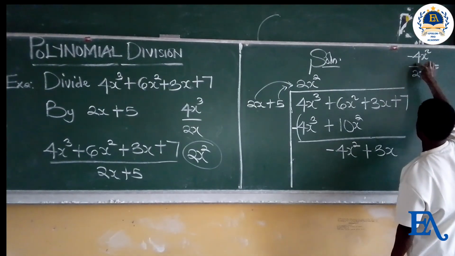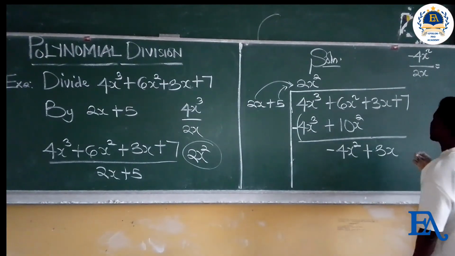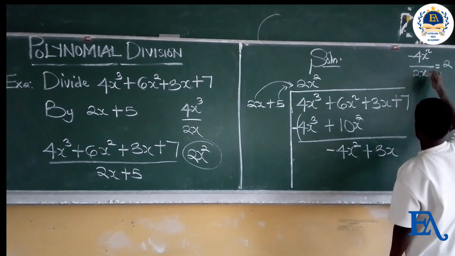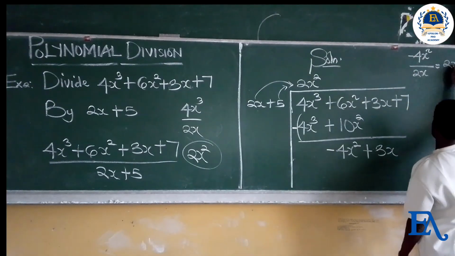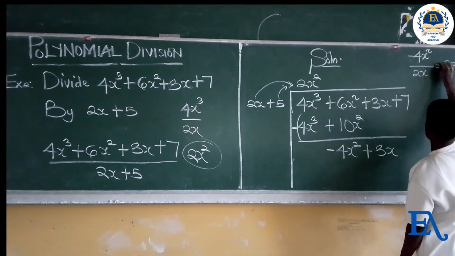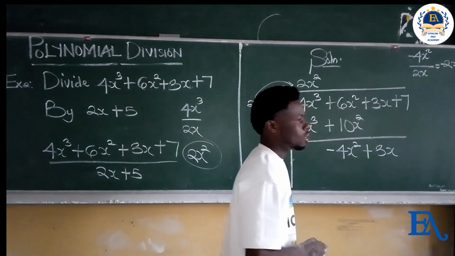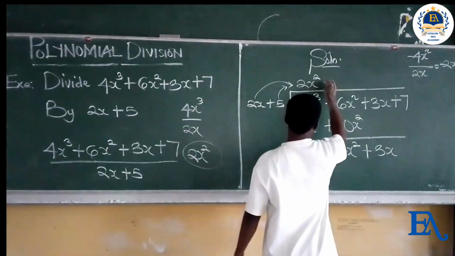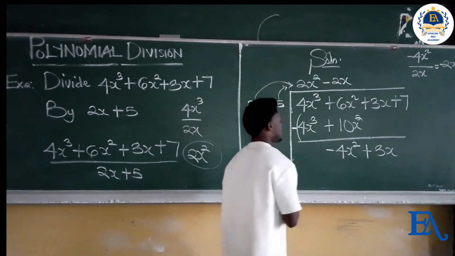So this gives 4 divided by 2. You divide the whole numbers first. 4 divided by 2 gives 2, and x raised to the power of 2 minus x raised to the power of 1 is just x. Add the minus sign to it. So you have minus 2x. The minus 2x is the new quotient, and the quotients are written up here, minus 2x.